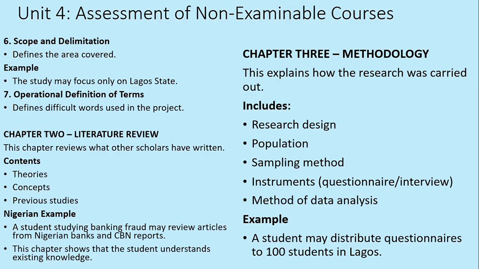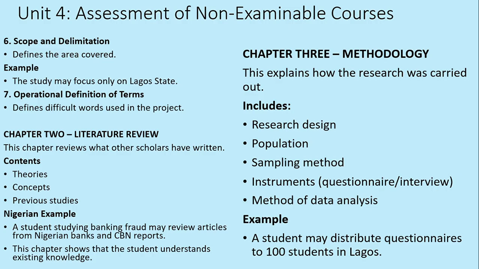So the first content under this literature review is theories. We have concepts, and we have the previous study. Under these theories, you need to look for the theories. Let's say you are writing on business management as an example. Some scholars have defined business, some have defined management, and some have defined business management altogether.